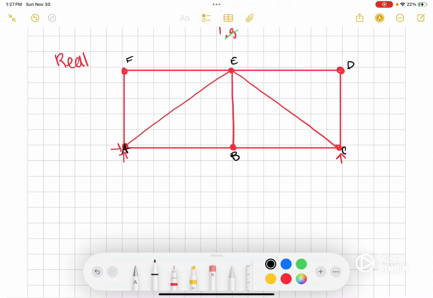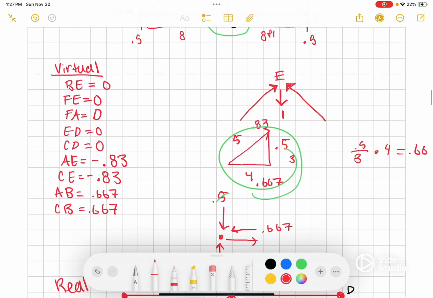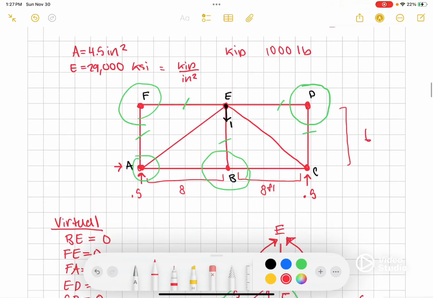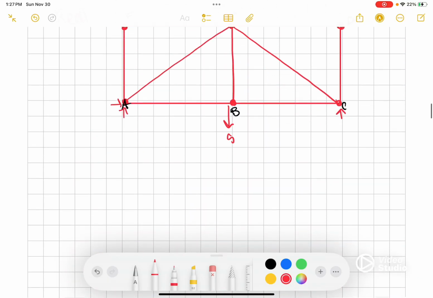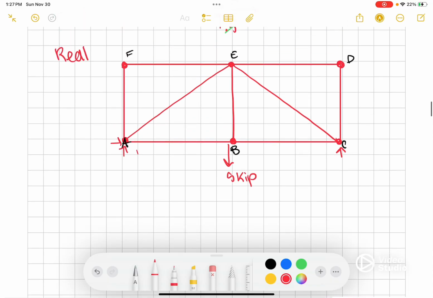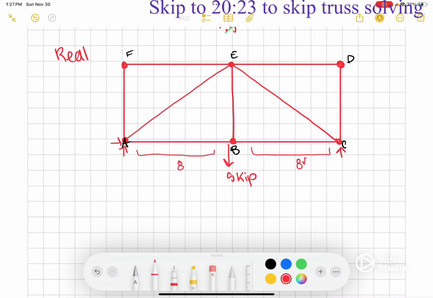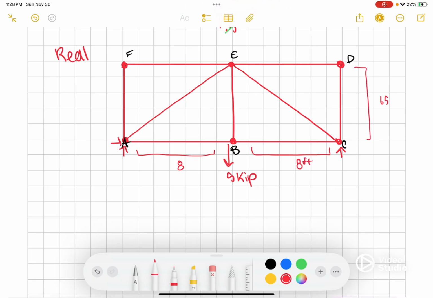And then we have an applied force downwards of 5 kip, and let's put 8 feet, 8 feet, and 6 feet.